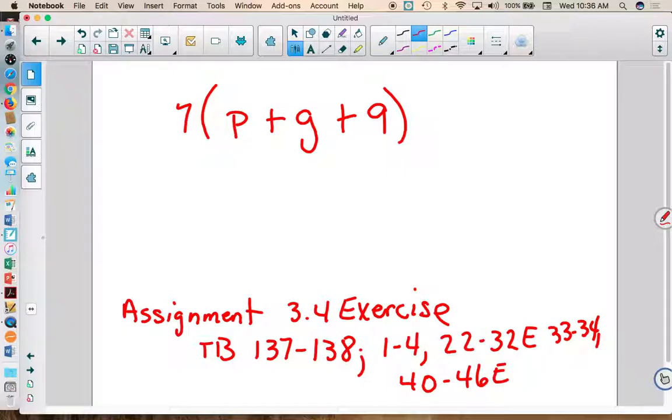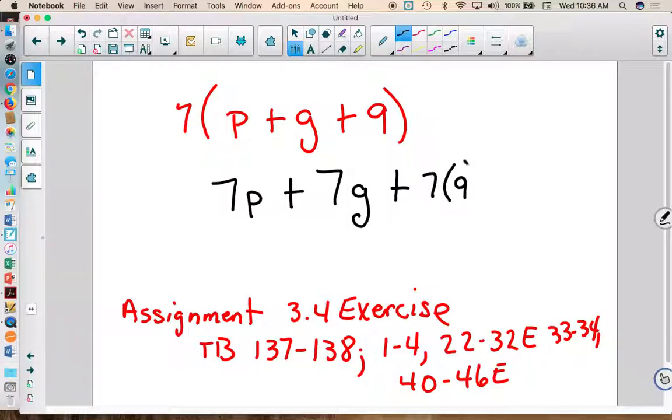All right. Have you got it done? Yes. Okay, so the note card says, step 1, multiply or share the factor outside with everything inside. So I'm going to share the 7, or multiply the 7 by every factor inside. 7p, 7 times p, plus 7g, 7 times g, plus 7 times 9.